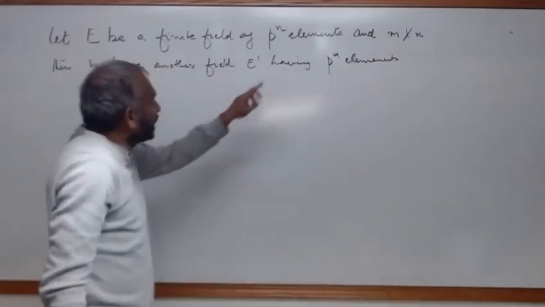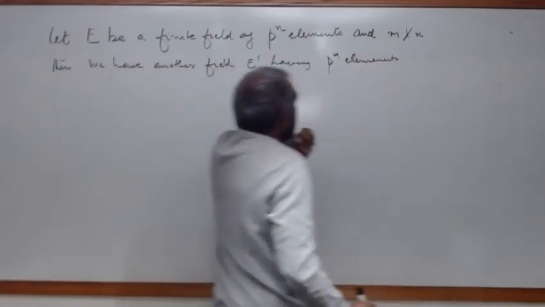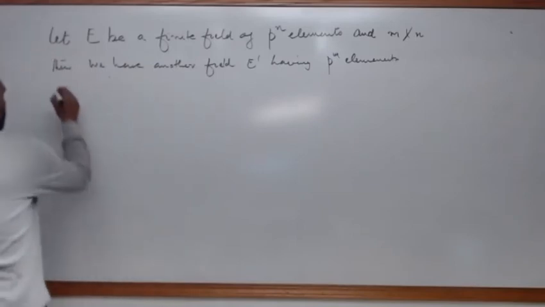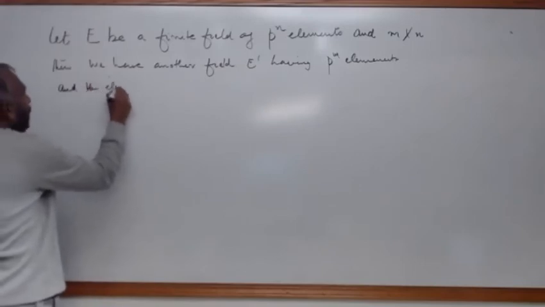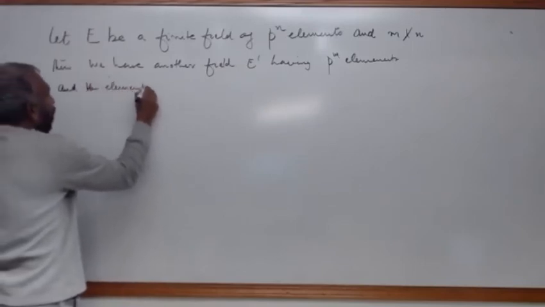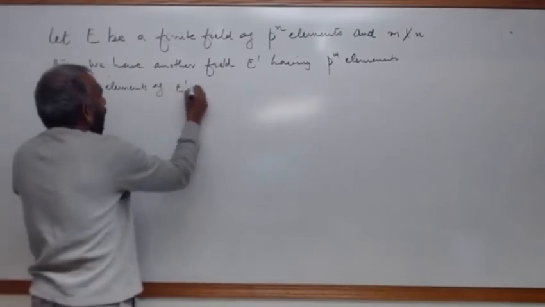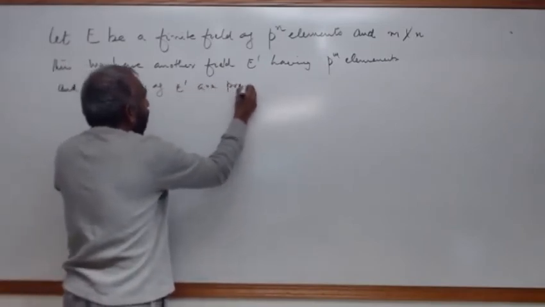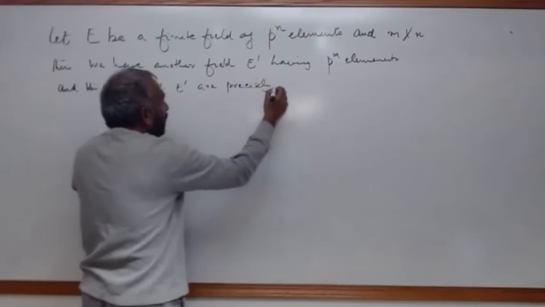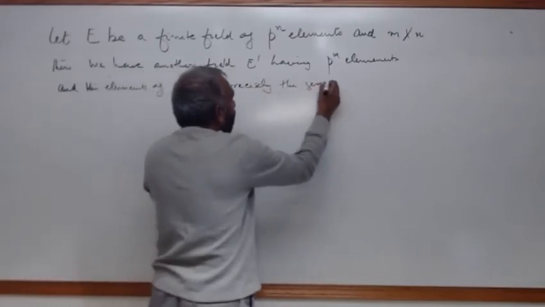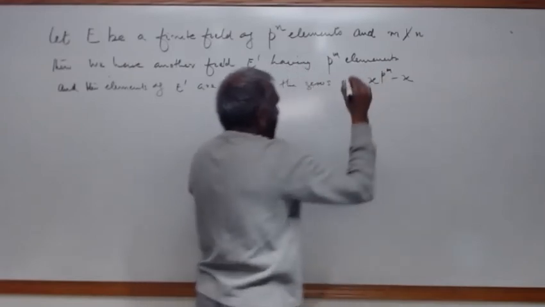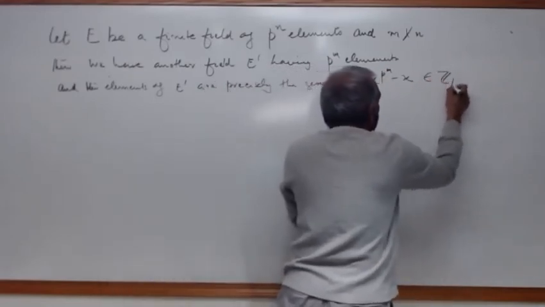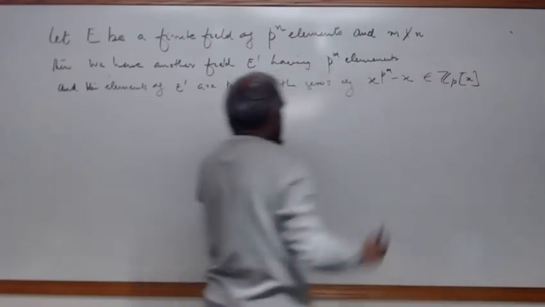The condition here is m divides n, and the elements of E prime are precisely the zeros of x to the power of p to the power of m minus x in Zp of x.